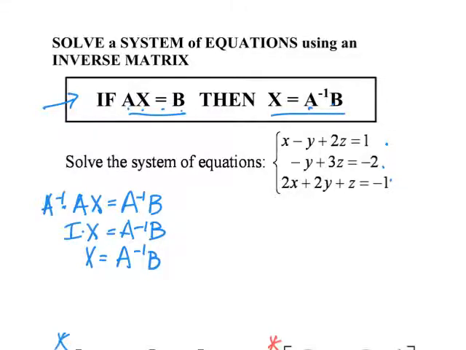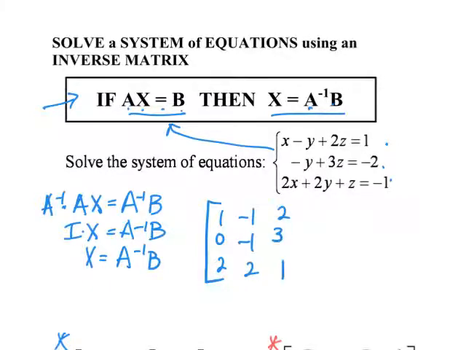But what we're going to do is take a system of equations and write it as a system of matrices. So A becomes the coefficients. So that's 1, 0, 2. That's your x coefficient. The y coefficient is -1, -1, 2. And the z coefficient is 2, 3, 1.